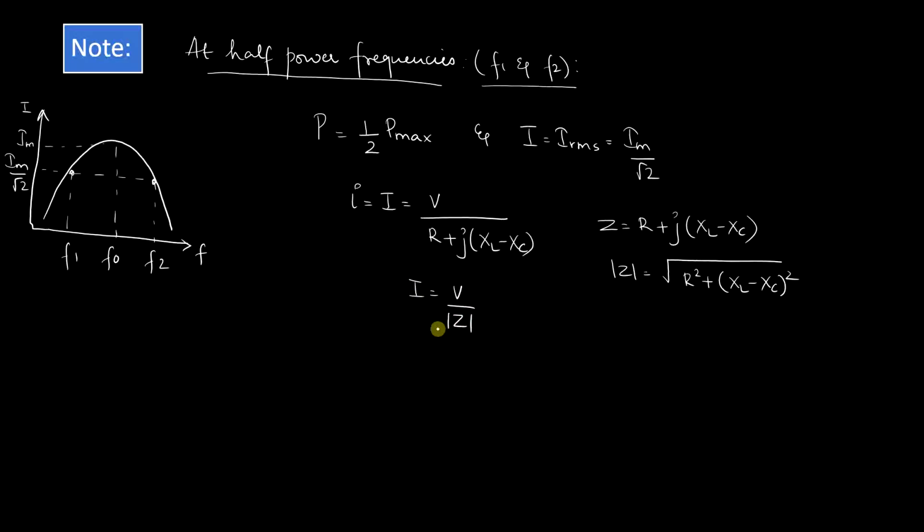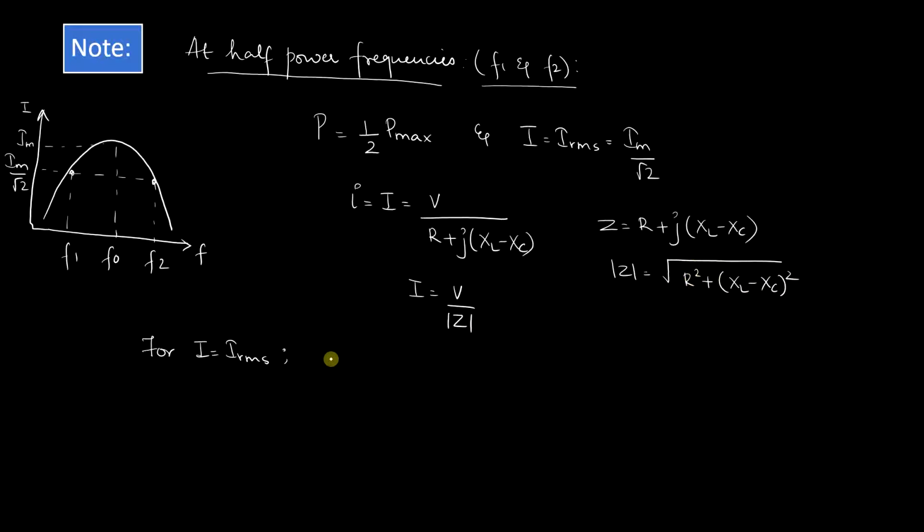For the current to be equal to its RMS value, that is Im by root 2, one particular condition needs to be satisfied, and the condition is that the reactance XL minus XC has to be equal to the resistance.